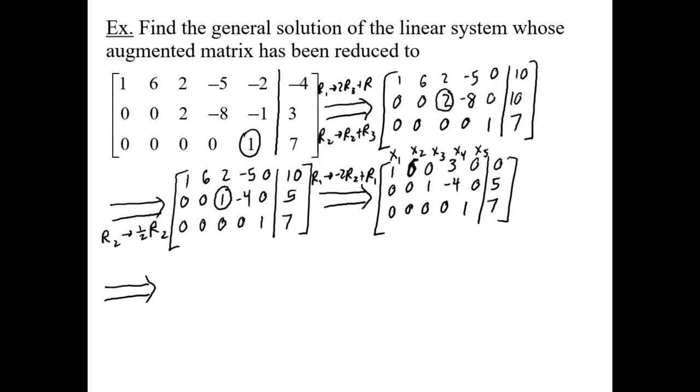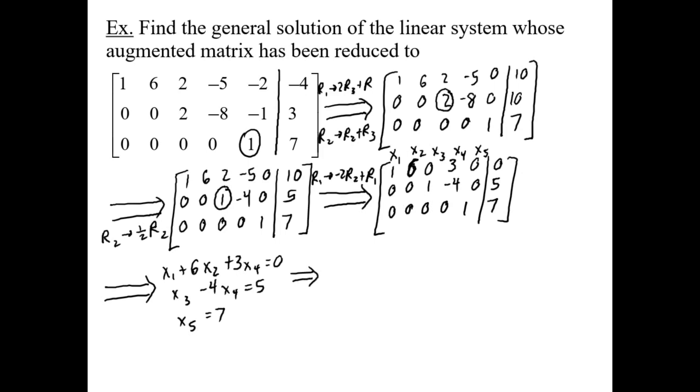You don't have to write that, but it's useful to remember. So the top row says x1 plus 6x2 plus 3x4 is equal to 0. The second row tells me that x3 minus 4x4 is equal to 5. And the bottom row says x5 is equal to 7.